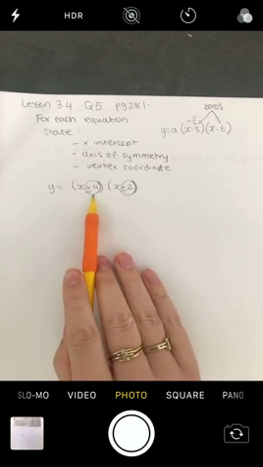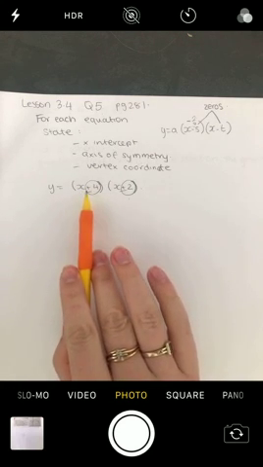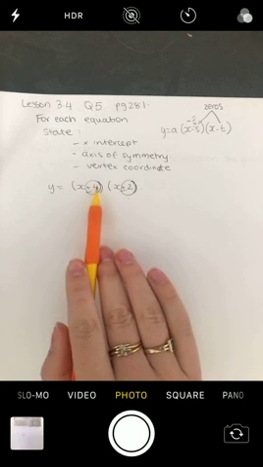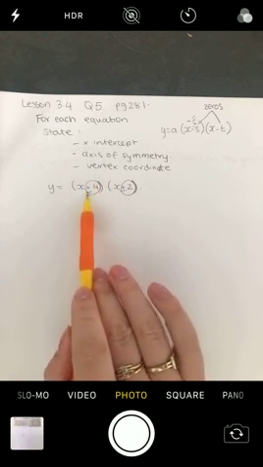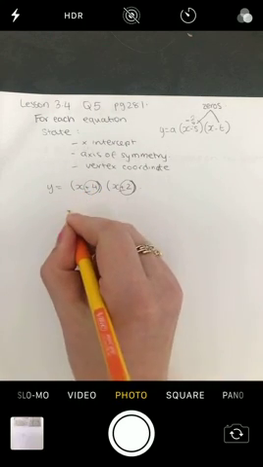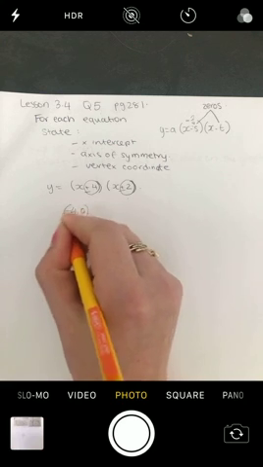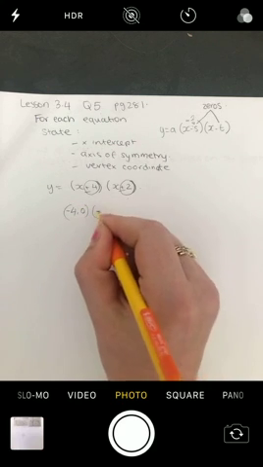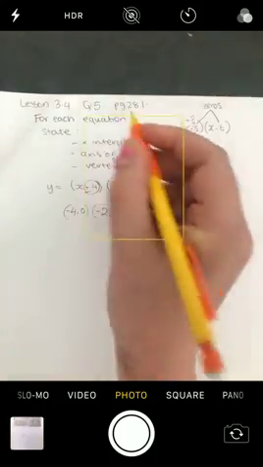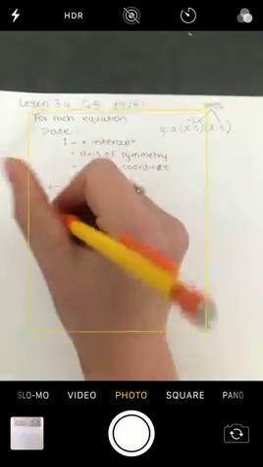So back to our equation here. Because it's a positive sign here, I know that the x-intercept is actually going to be negative. So we have (-4, 0) and (-2, 0) as our x-intercepts. Let's label this as 1.